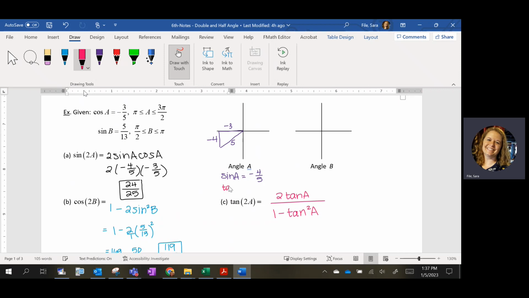Can I go ahead and figure out what tangent is based on those 3 sides? What's tangent going to be? Opposite over adjacent, or y over x. So the negatives are going to cancel. It's going to be positive. Tangent's positive in quadrant 3. So 4/3.